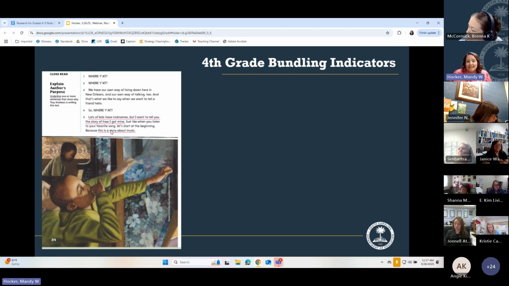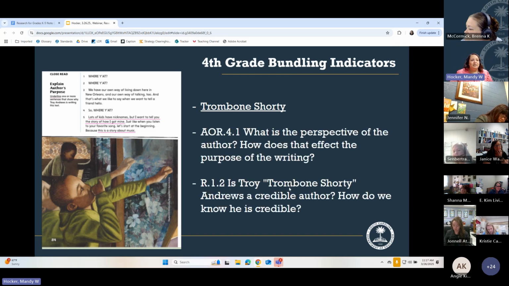In one of the 5 adopted high-quality instructional materials for South Carolina's ELA Elementary, we have this text called Trombone Shorty. Now, this is a text written by Troy Trombone Shorty Andrews.